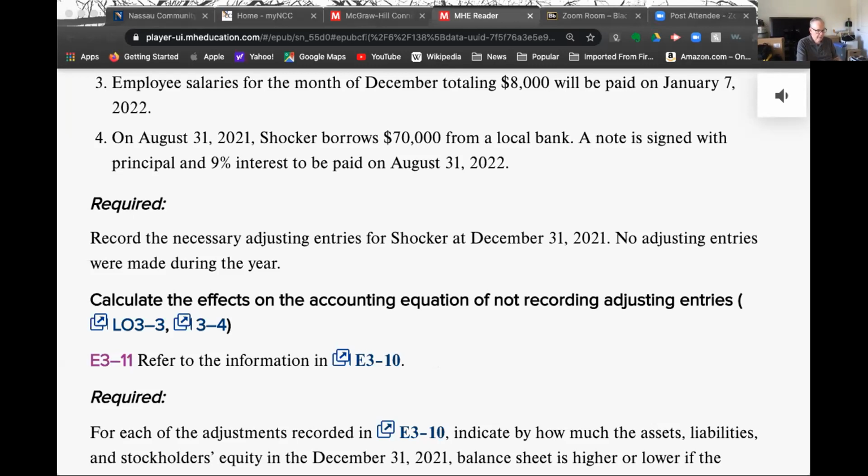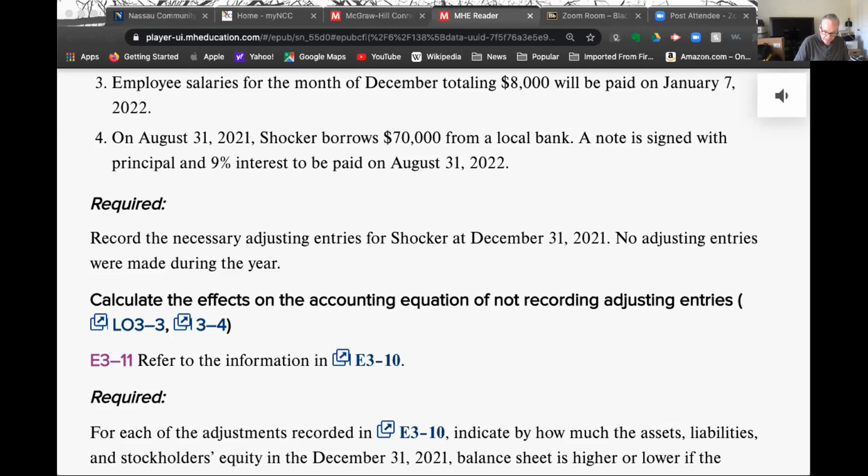Now let's calculate the amount. It's $9,000 times 12%. $9,000 times 12% is 1080, but that's for a year. Right?